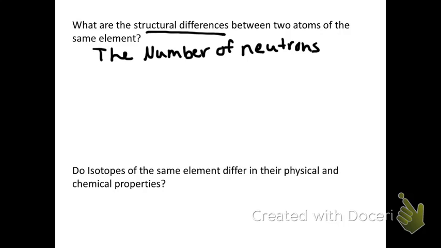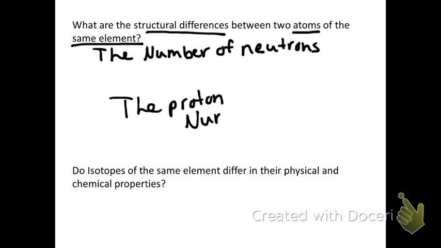Any atom that is from the same element will differ in their number of neutrons. But what is the same? Well, the same is the number of protons.